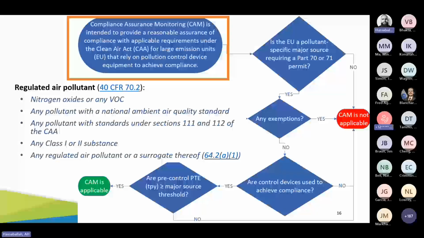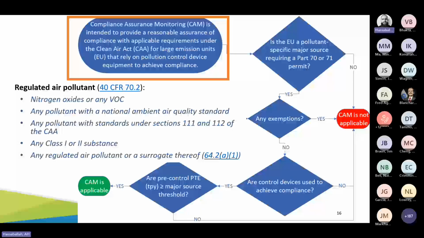Once again, a regulated air pollutant has the same meaning provided under 40 CFR Part 70 or 71, and those include your NOx, your VOCs, these are your benzenes, your glycols, and so on.